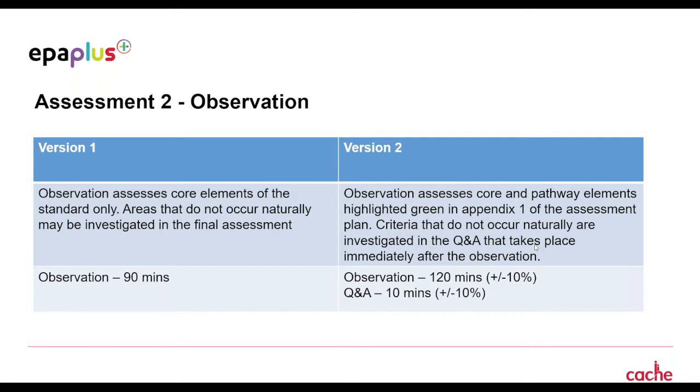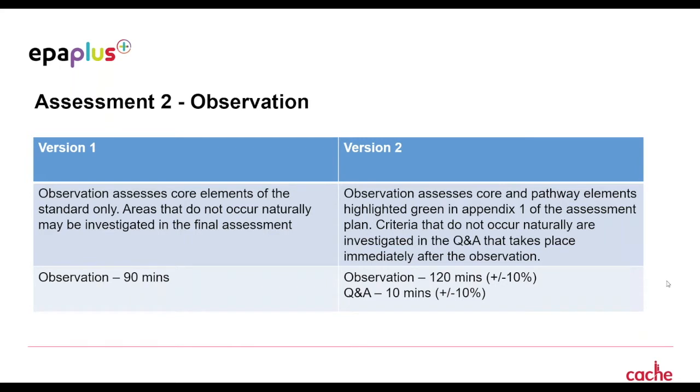And now it also has the addition of that question and answer session after the observation. Now, this question and answer session is there to pick up any criteria that don't occur naturally during that observation. So where in version 1, we had the opportunity to pick those up in the learning journal and interview, now that is picked up in a question and answer session that happens directly after the assessment takes place.